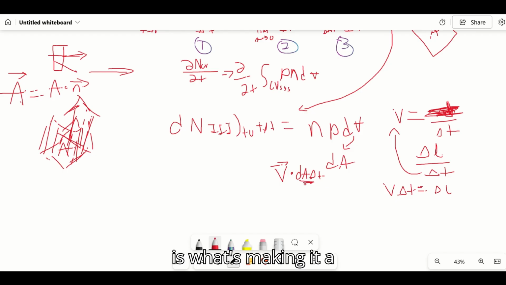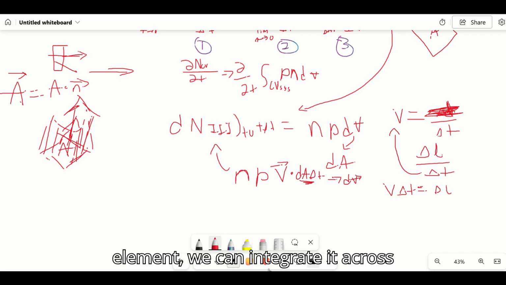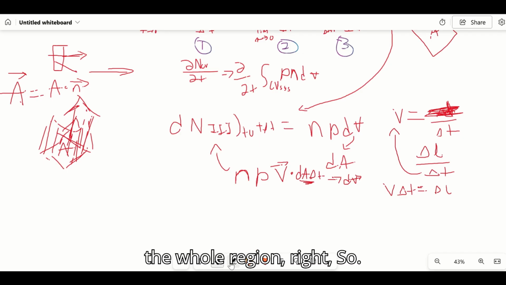So this is what's making it a volume. Okay, and we're going to have our density and this, and so that is the same thing as this. So now we have this differential element, we can integrate it across the whole region, right?